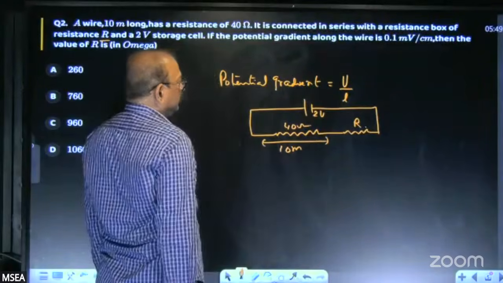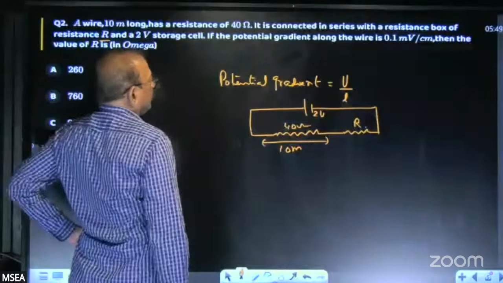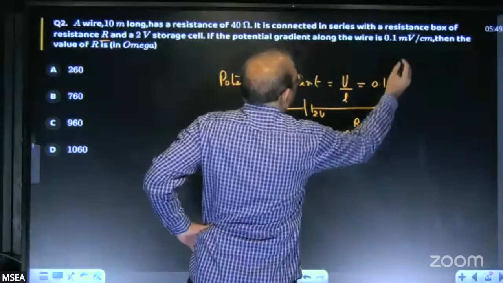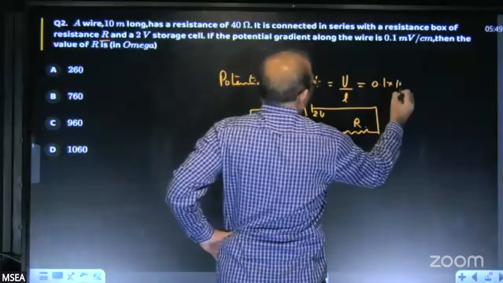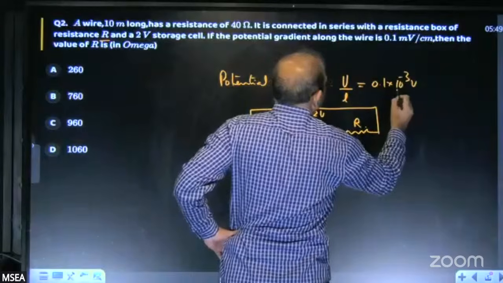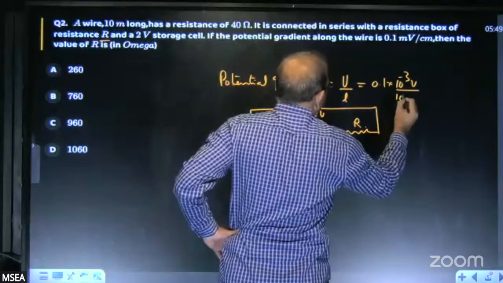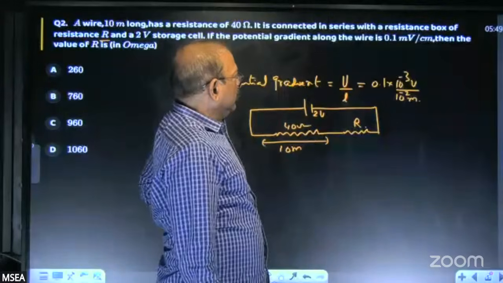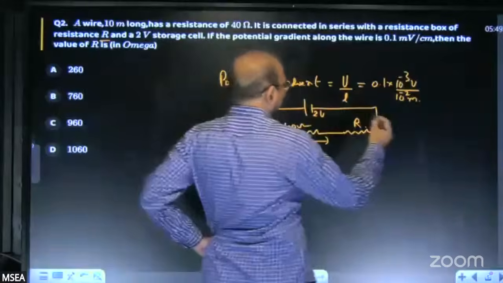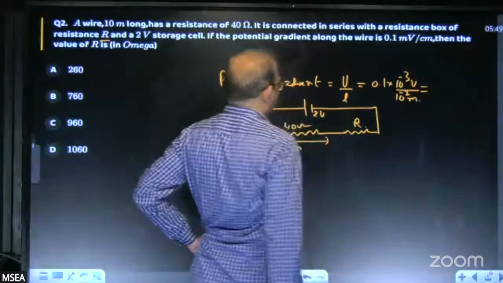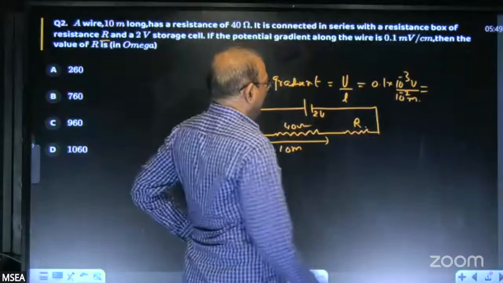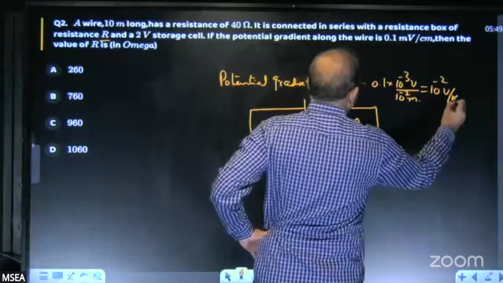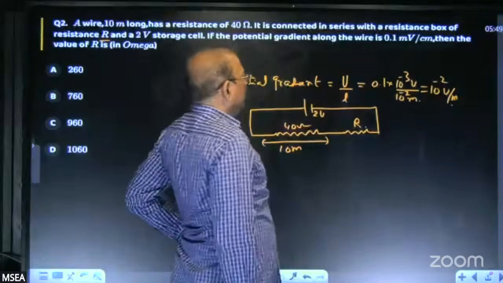Its potential gradient is given as 0.1 milli, 10 power minus 3 per centimeter, that is 10 power minus 2 meter. Simplify this, and you will get 10 power minus 2 volt per meter.